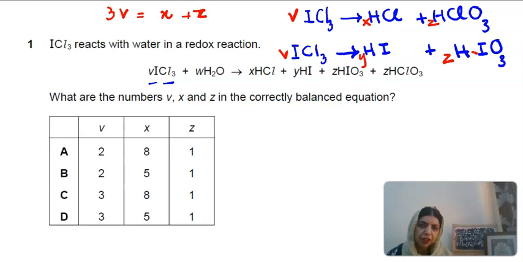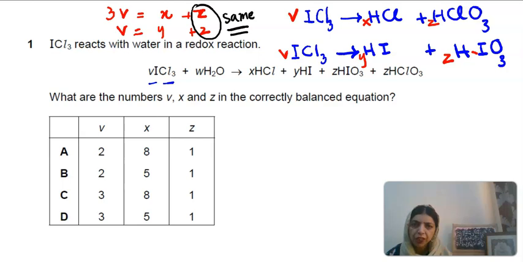And in this case, you have V, you have Y plus Z. So you get one more piece of information from this: the number of moles of HClO3 and HIO3 are the same. And whatever you want to change in order to balance chlorine or iodine, you need to change it in the X part or the Y part, in HCl or HI.